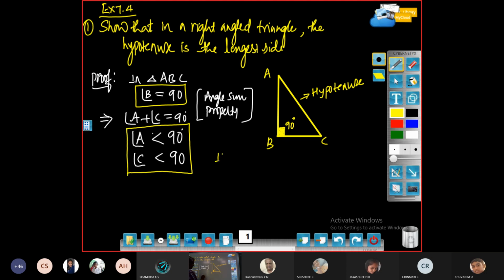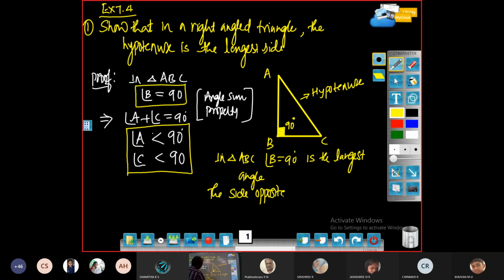So here in triangle ABC, angle B equal to 90 degree is the largest angle. If that is the largest angle among all, then the side opposite to the largest angle must be longer.